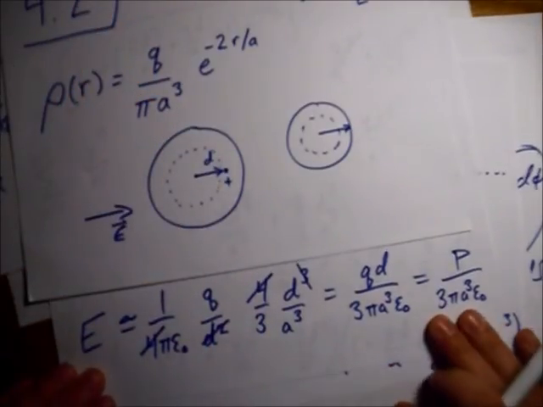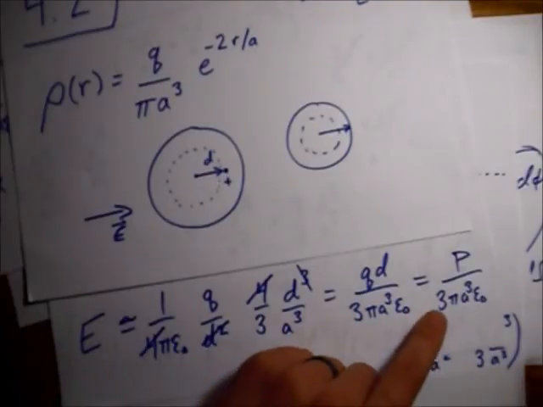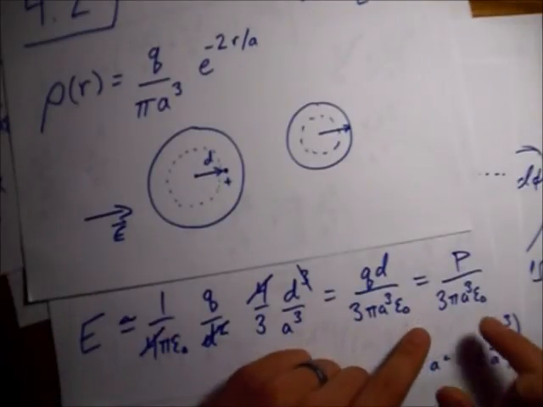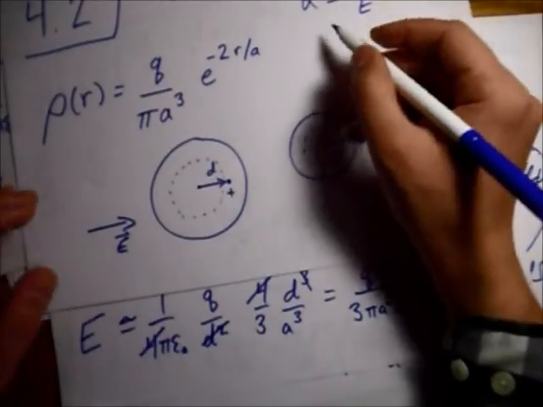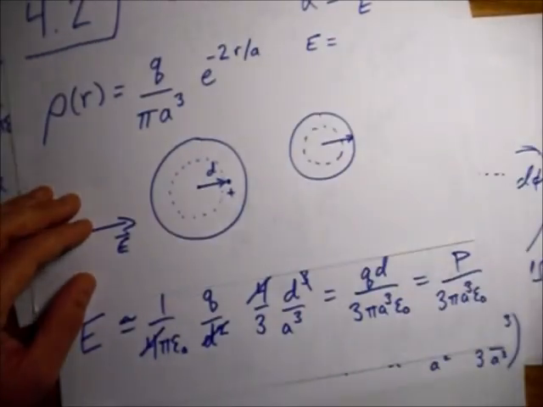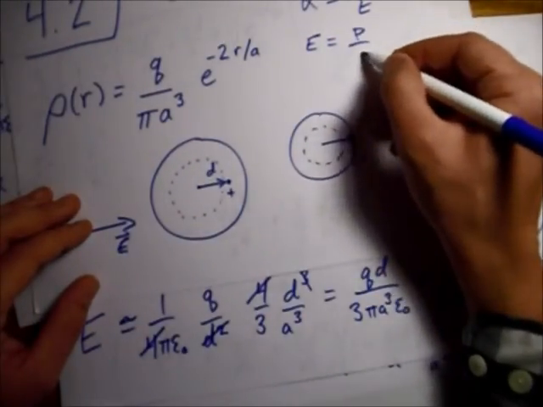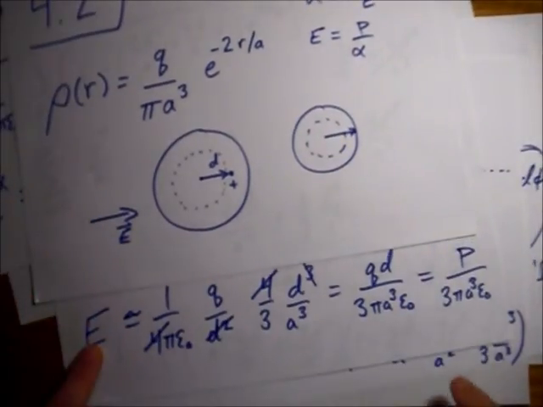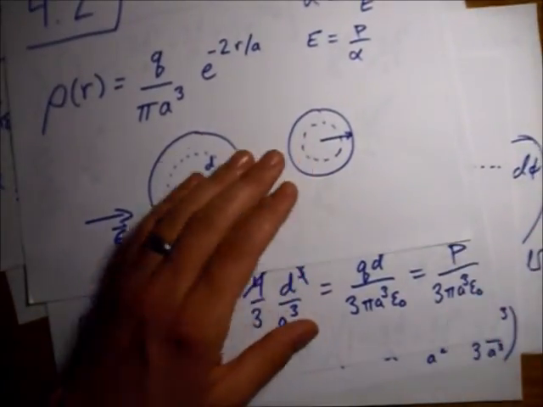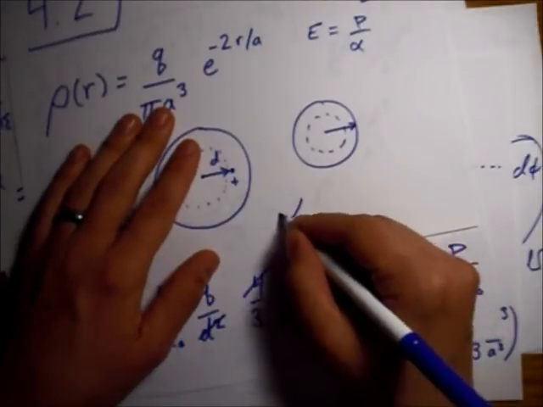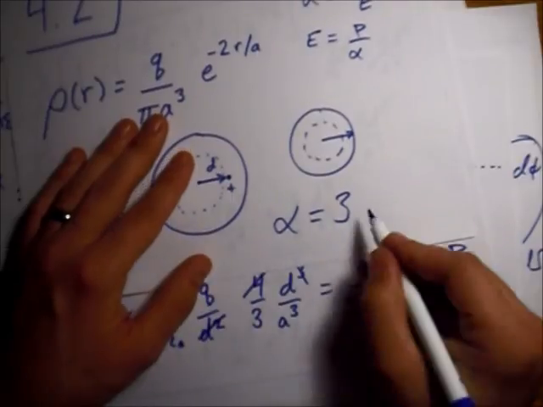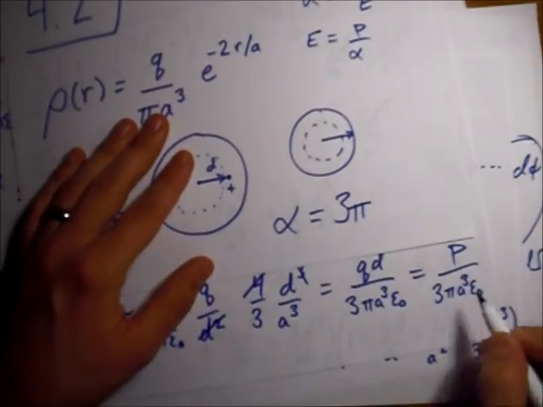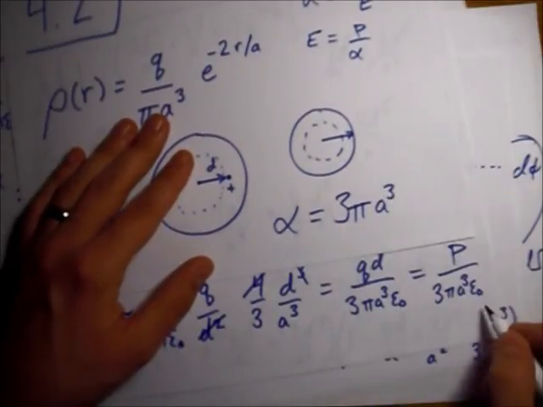So if I'm looking at this right, alpha should be right here. Is that right? Because I can write this as E equals P over alpha. So here's the E, here's the P, here's the alpha. So let's write it right here, nice and big. Alpha is equal to 3 pi a cubed epsilon naught.